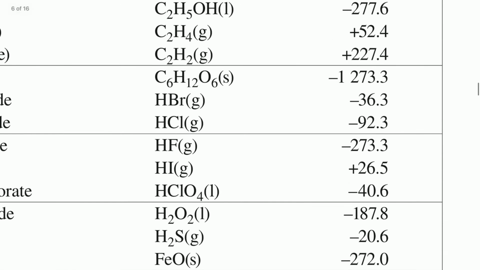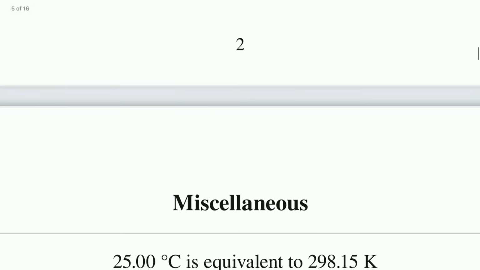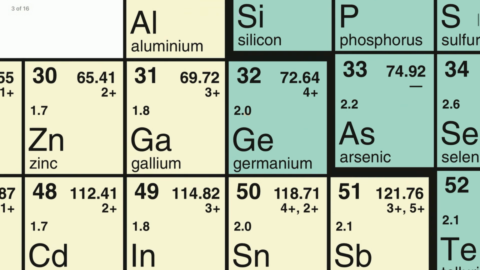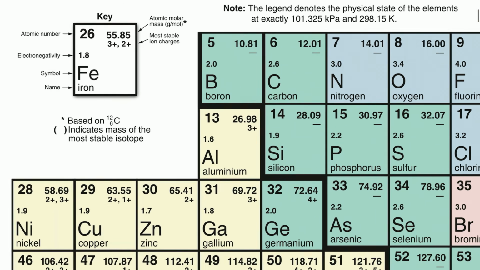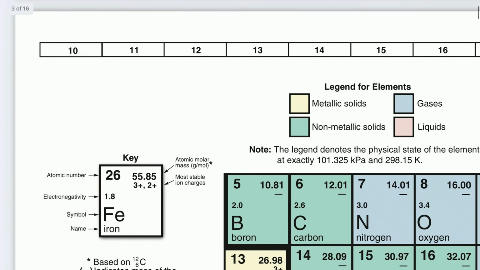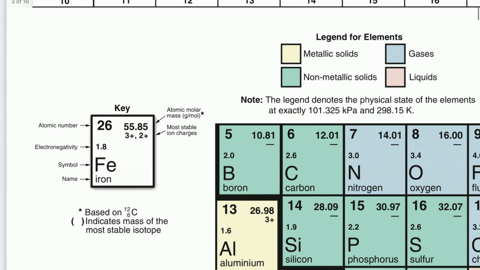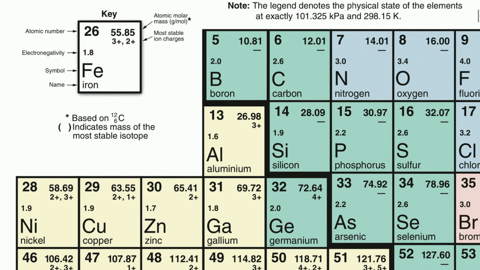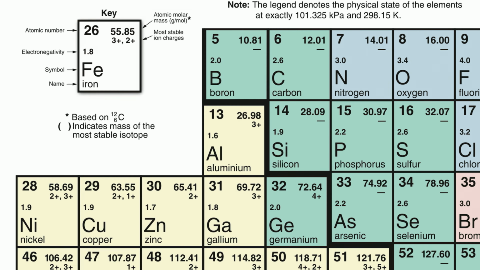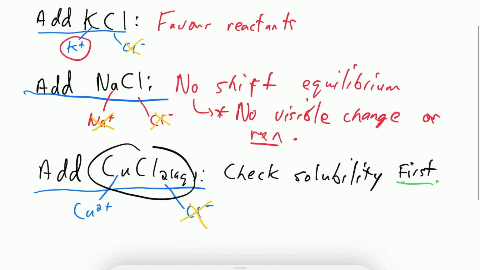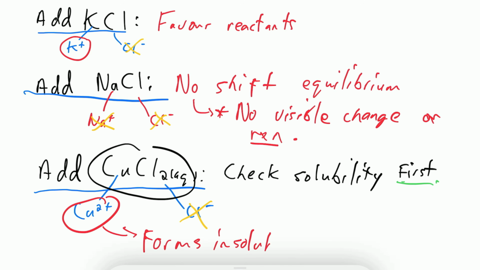But when we look for copper on the periodic table, we can see that copper is definitely not group 1. In fact, it's group 11. So copper 2+ forms an insoluble compound. Well, what that means is, I'm going to just circle this and write forms insoluble compound.